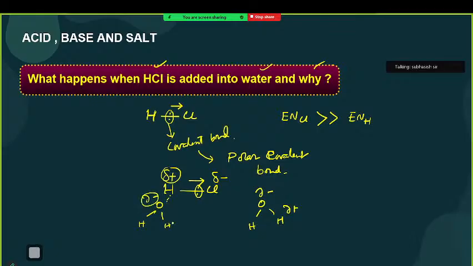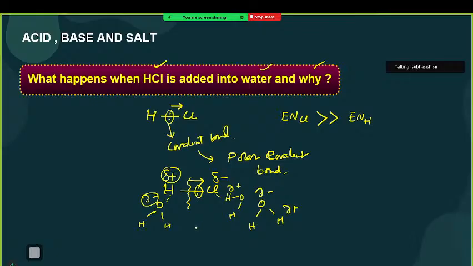So there is some sort of electrostatic attractive force between water and hydrogen. On the other hand, the hydrogen part of water, which is actually electropositive, attracts the chlorine atom, and as a result, this hydrogen chloride breaks and H plus and Cl minus separate from each other.